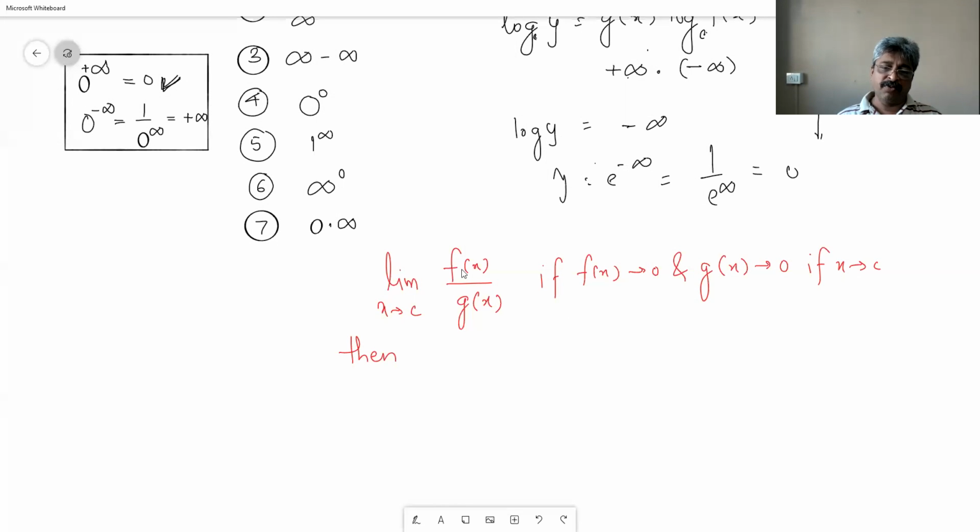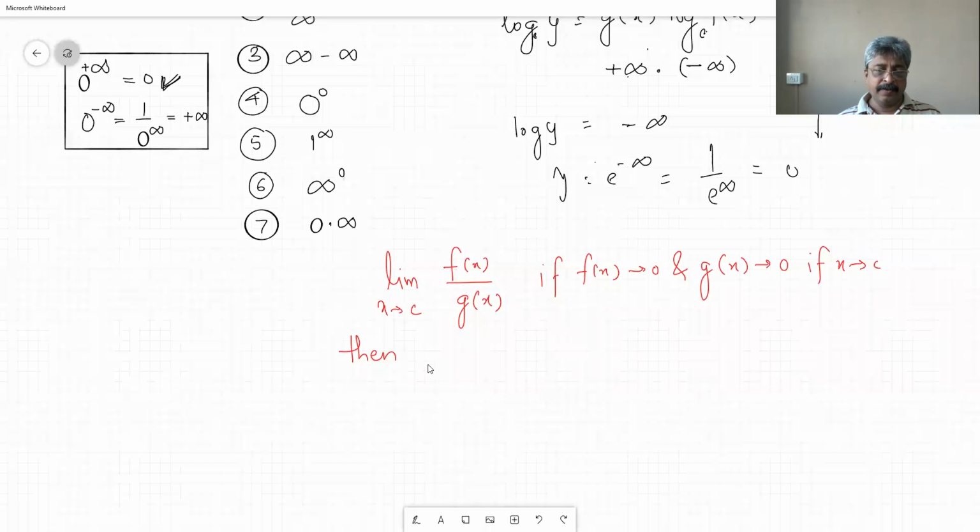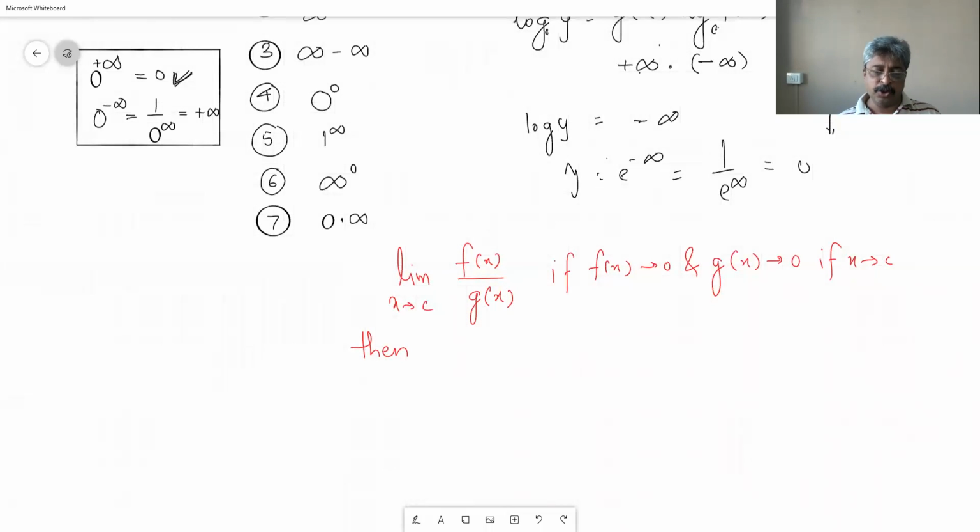But if you want to find the limit where it is in the indeterminate form, the moment you substitute x is equal to c, it goes to 0 upon 0 or any one of these indeterminate forms, then suppose this limit exists and is equal to L.